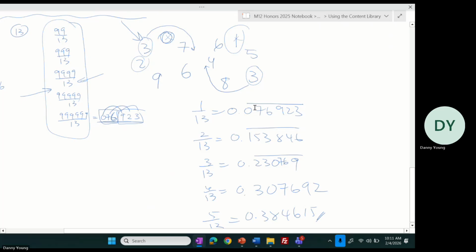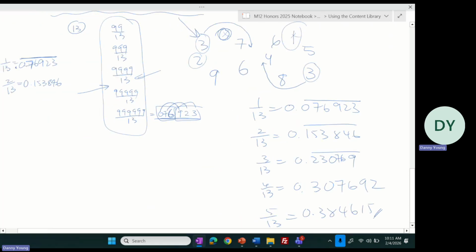You will see a question later on that talks about something called shifting numbers. What I mean by that is this. When you look at, let's say, 142,857, if you multiply by 2, you know what happens? These two numbers get moved to the back.